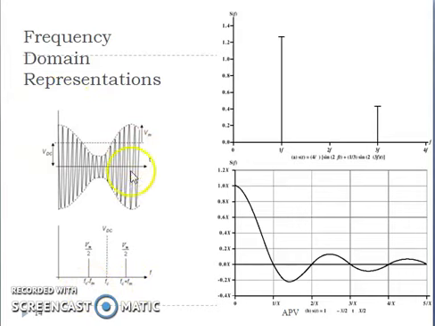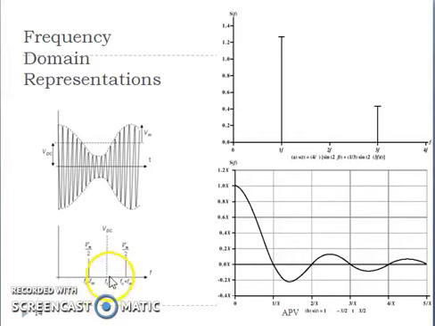When we convert this time domain signal into frequency domain, to know what frequency components are in that wave, we get three frequency components: FC, FC plus FM, and FC minus FM. In frequency domain, the x-axis will be the frequency and the y-axis will be the amplitude of that particular component.